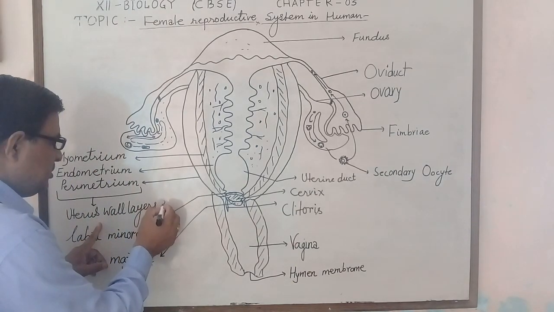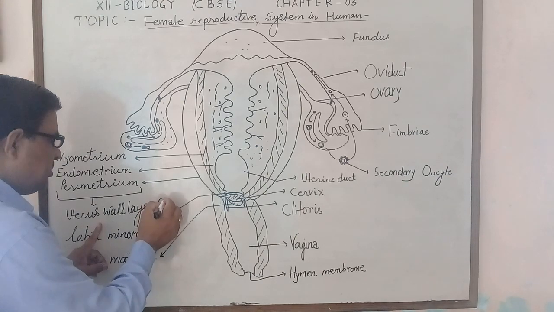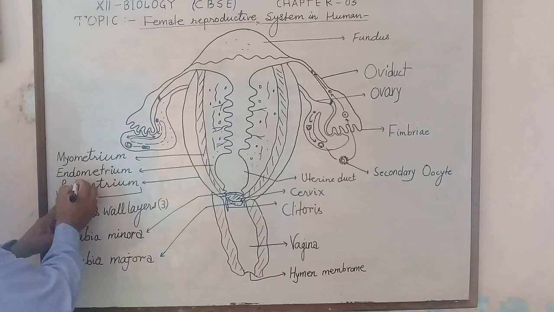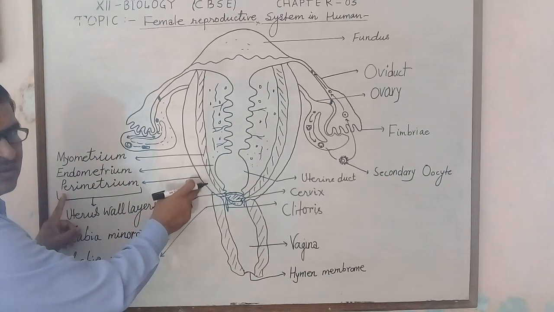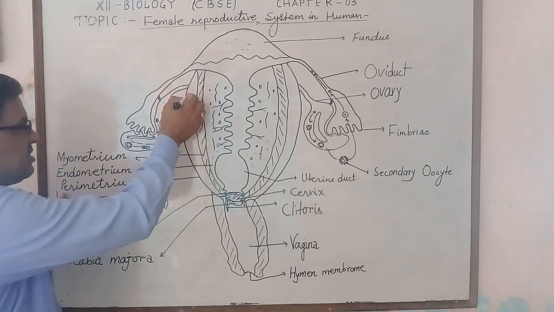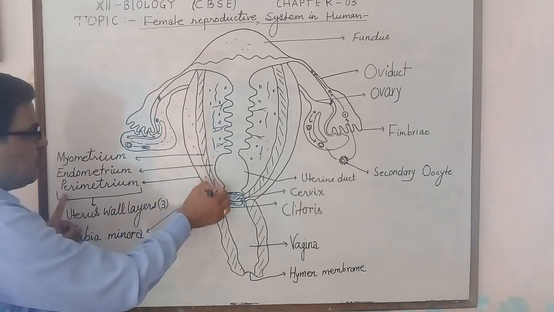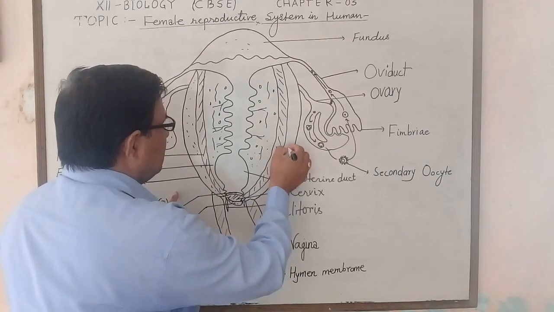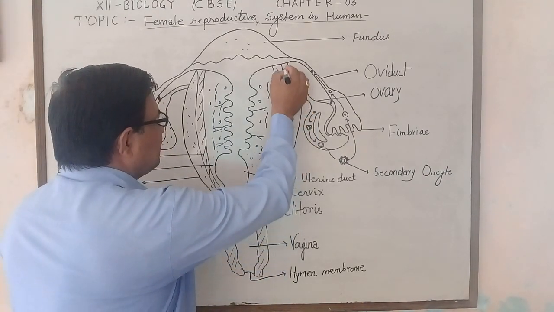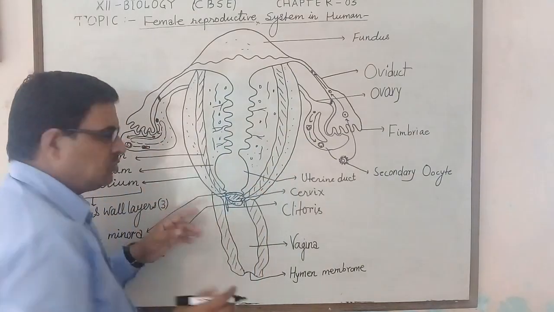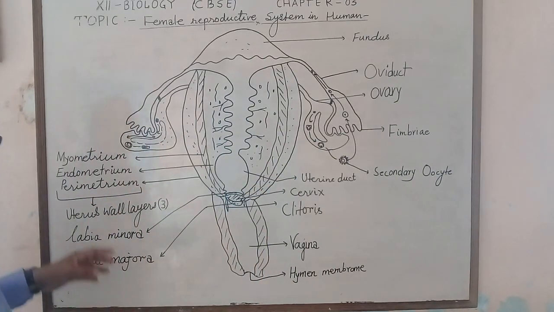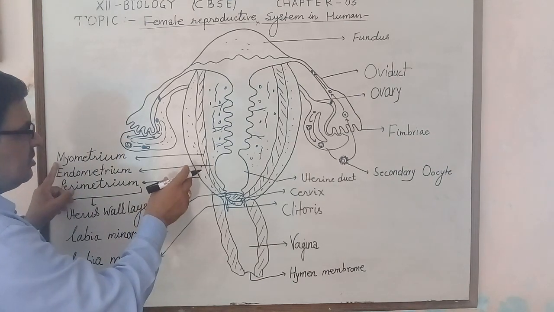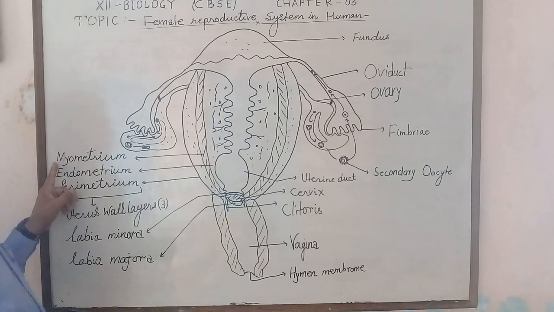The perimetrium is the outermost layer, and it provides protection to the uterus. The myometrium is present between the two layers of the uterus.